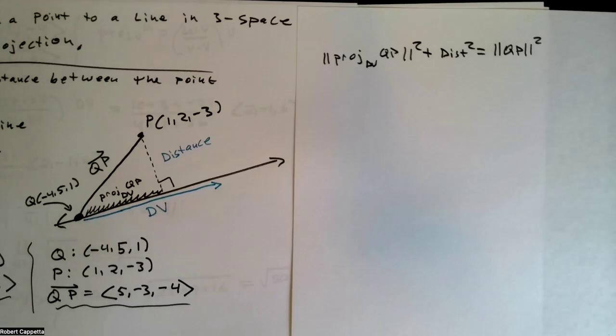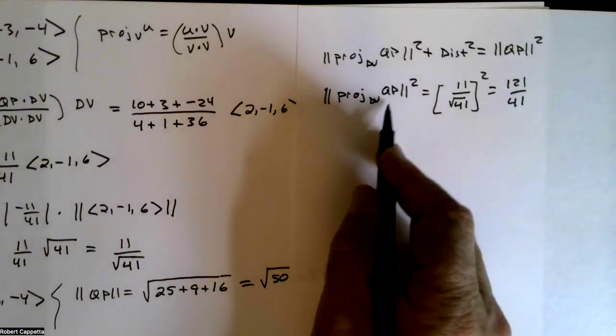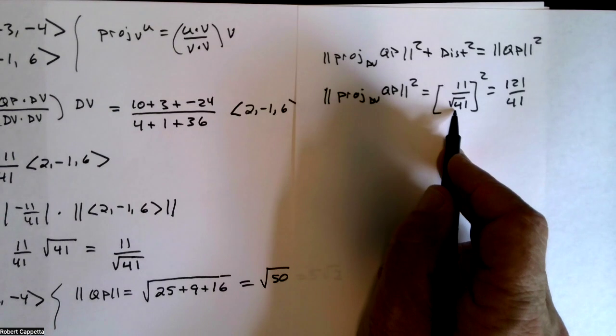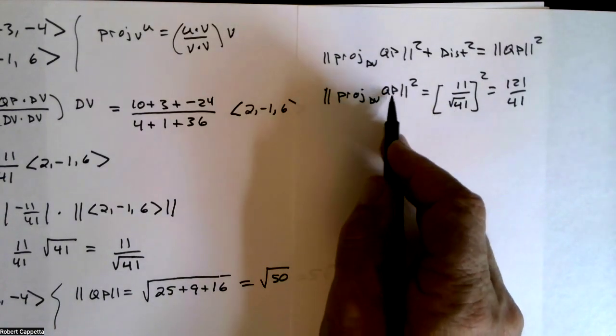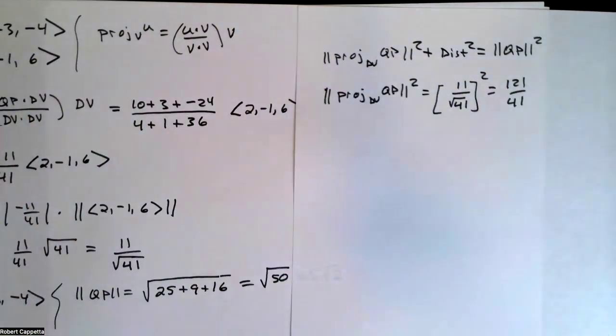And what did we say the magnitude of the projection was? We had said the magnitude of the projection of QP onto dV was 11 over root 41. I need the magnitude of that projection squared. 11 squared is 121, root 41 squared is 41. And how about the magnitude of QP squared?